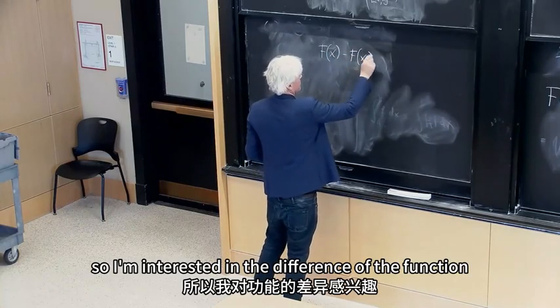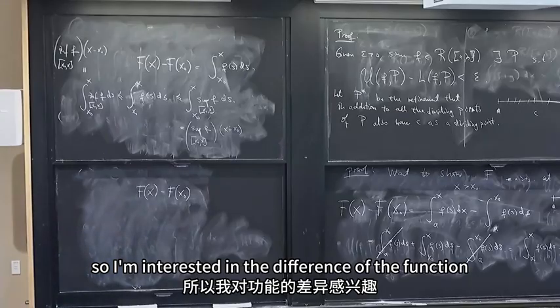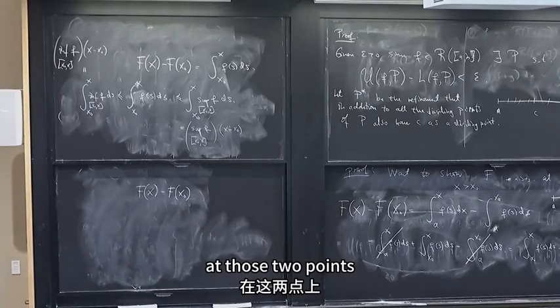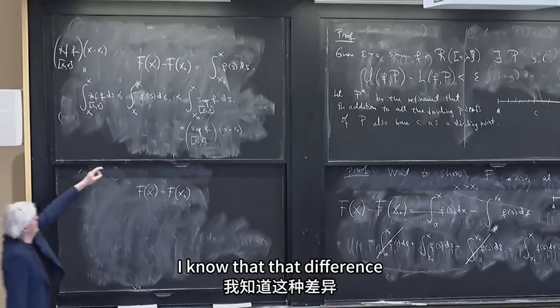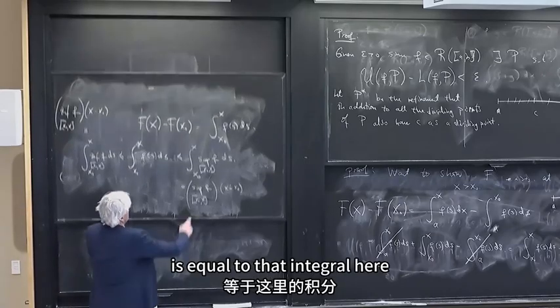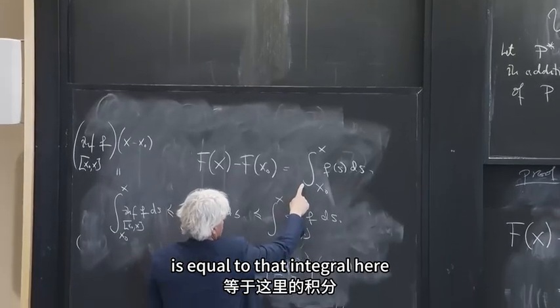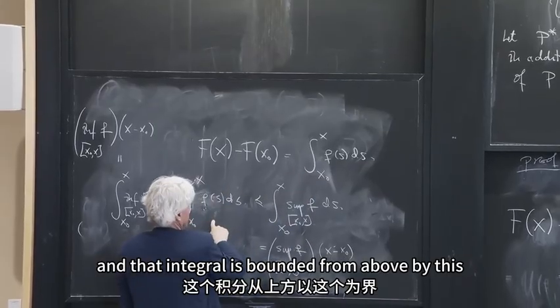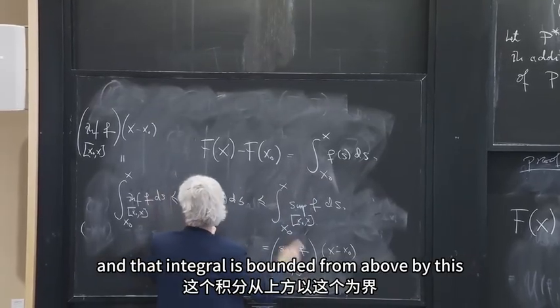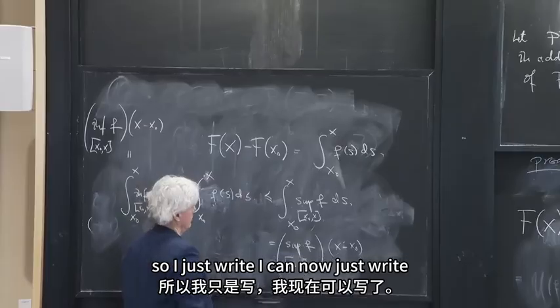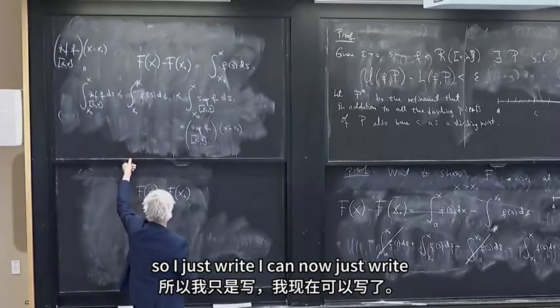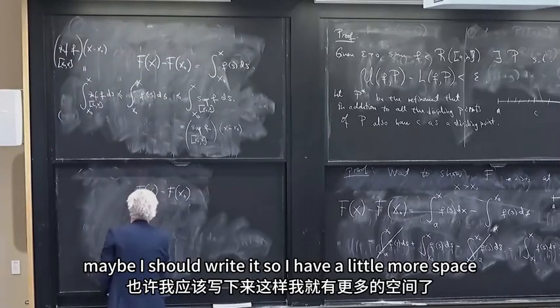So I'm interested in the difference of the function at those 2 points. I know that that difference is equal to that integral here, and that integral is bounded from above by this and below by that.